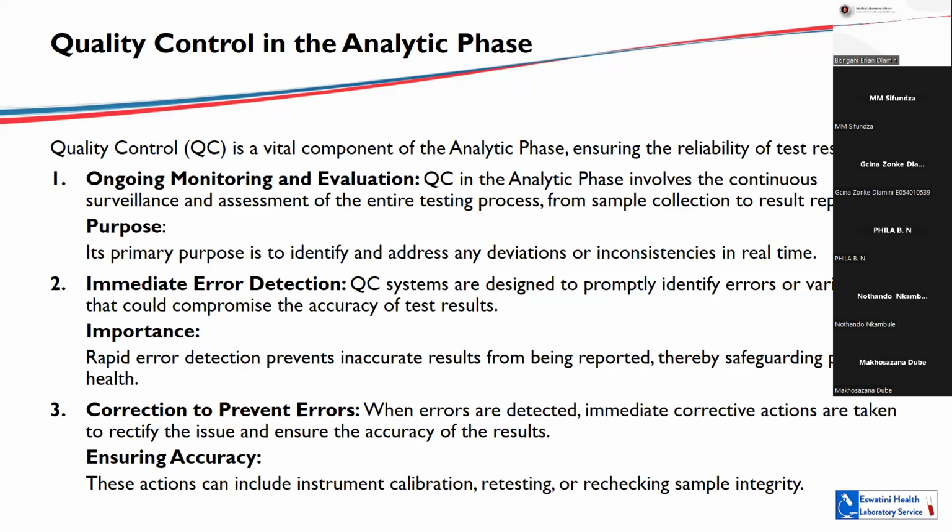In a lab, it is always good, if you are doubting that an error occurred and you no longer trust the results that you have, to withhold or maybe repeat, because it's said no result is better than a wrong result.